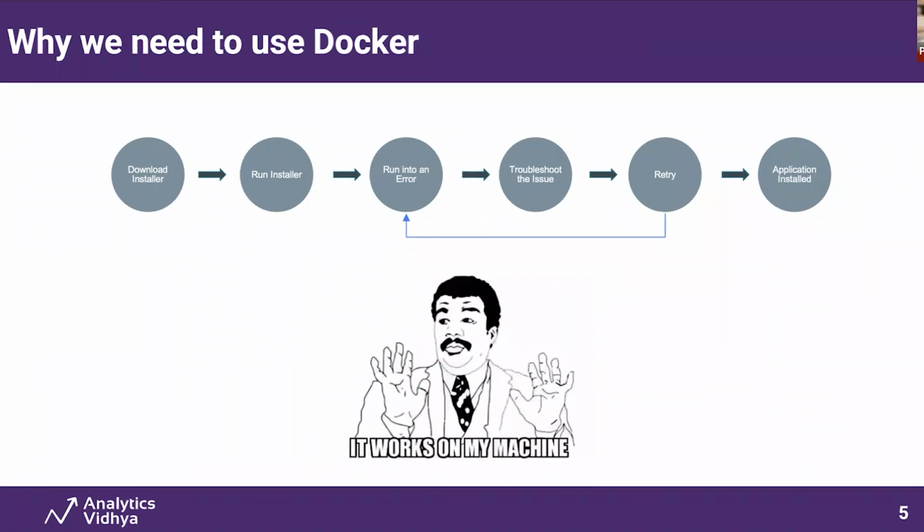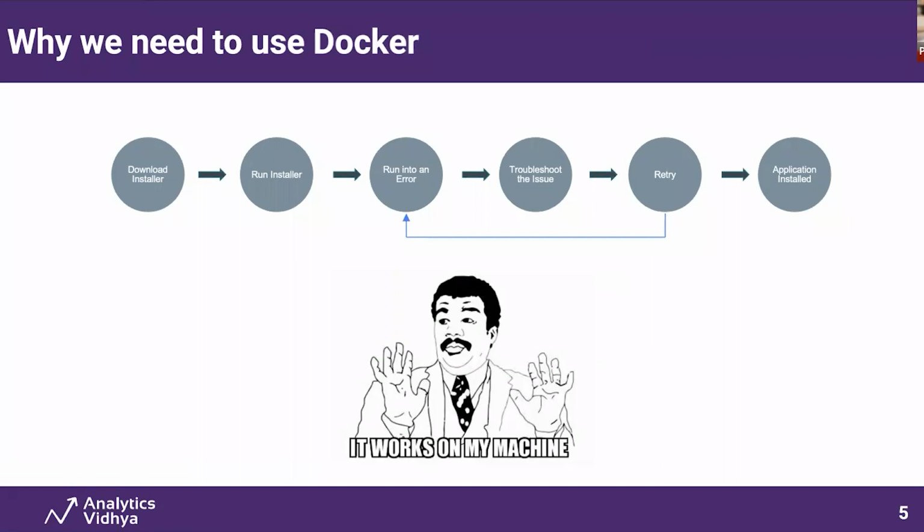Second is, imagine you are a developer, right? You are developing an application and it runs perfectly fine on your system. Maybe you have a certain operating system, maybe Windows. And what happens is you give it for testing to another team member who's maybe on a different operating system, using a Linux machine or a Mac machine. Now, he or she tries to run that piece of program and they run into an error.